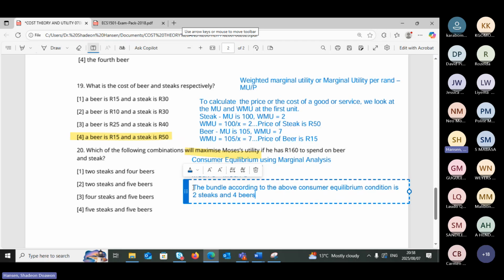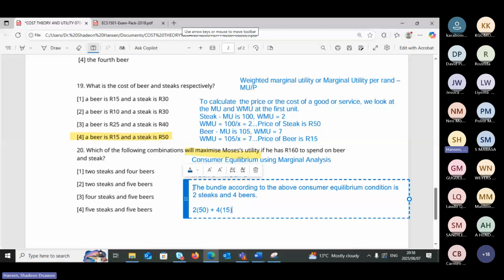There's the answer already there, but we need to check it first. So we're going to take 2 steaks multiplied by the price of steak. The price of steak is 50 rand, plus 4 beers multiplied by the price of beer, which is 15 rand.